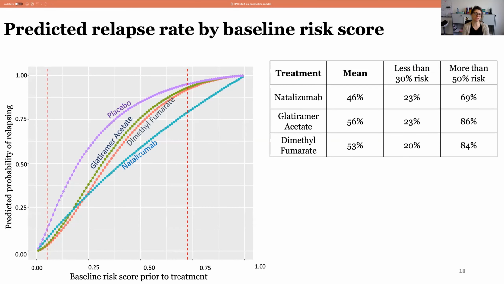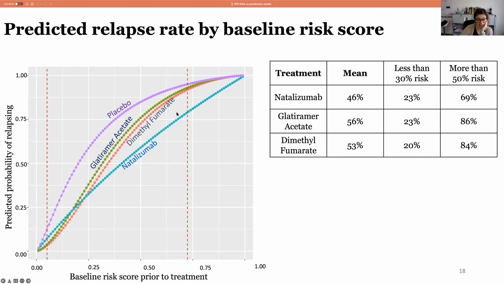I think that would be more understandable as a result. So you see here on the horizontal axis the baseline risk score prior to the treatment, and on the vertical axis the predicted probability of relapse, and how the three different options perform for different levels of the baseline risk score.